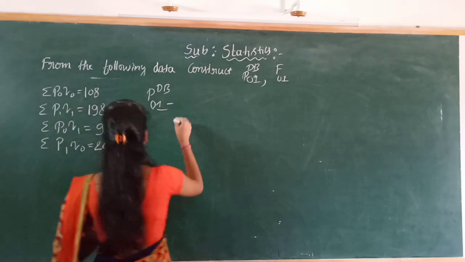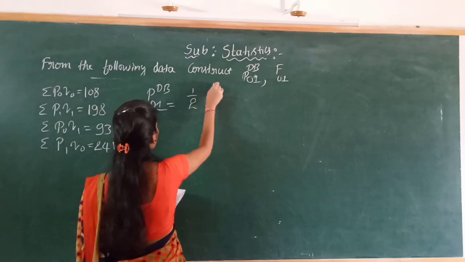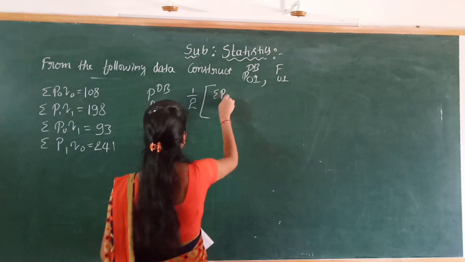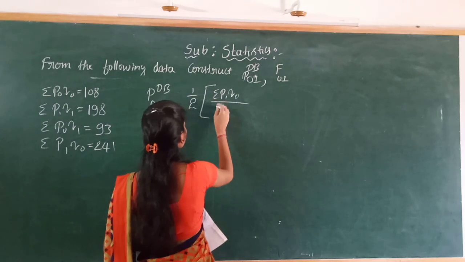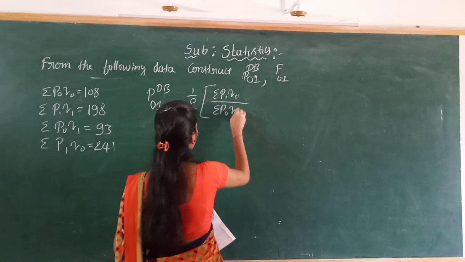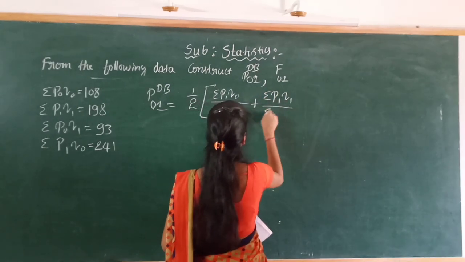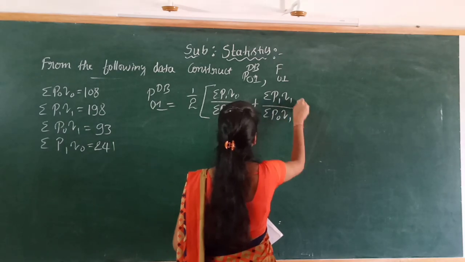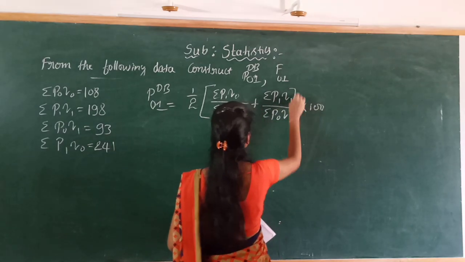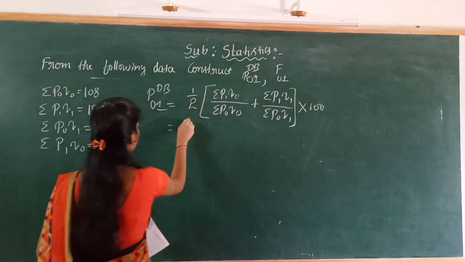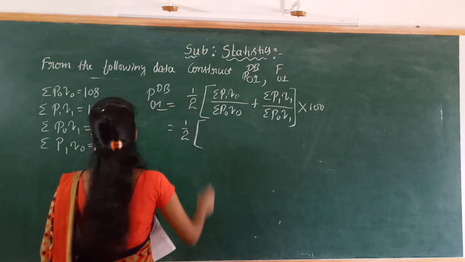The formula is 1 divided by 2 into summation P1 Q0 divided by summation P0 Q0 plus summation P1 Q1 divided by summation P0 Q1, into 100. This is the formula, so apply the values to this formula.